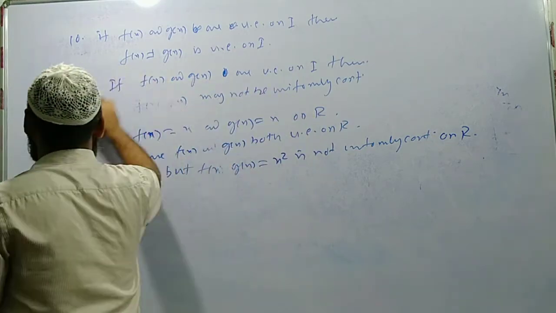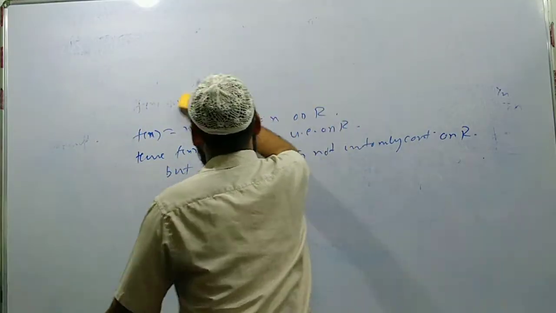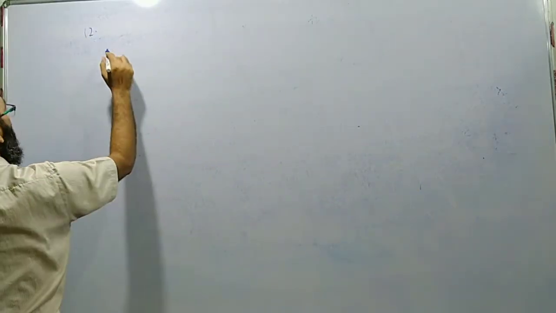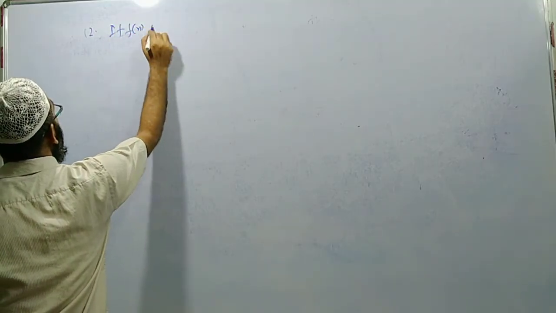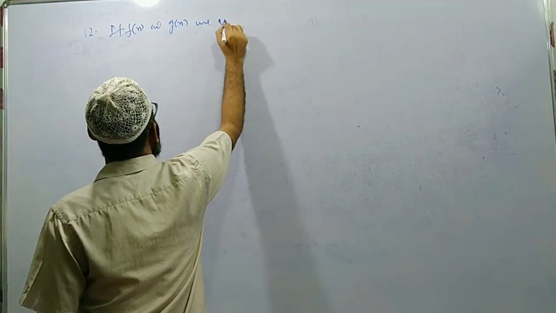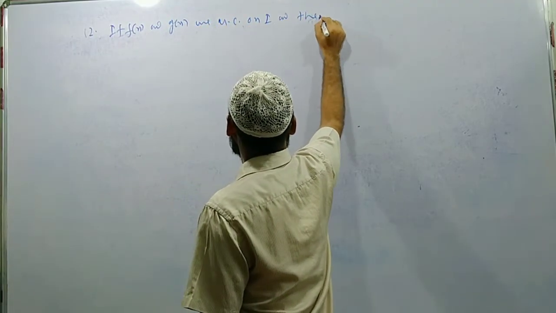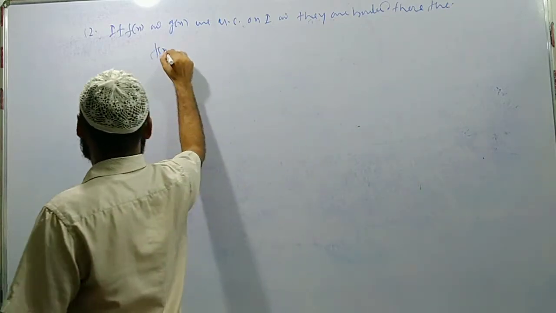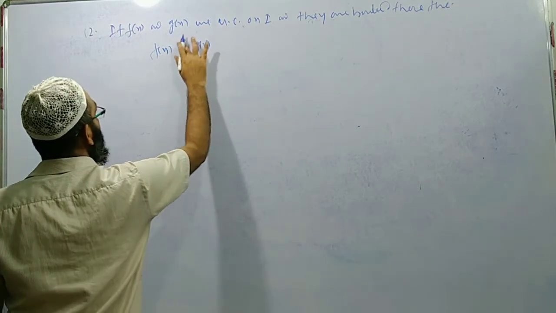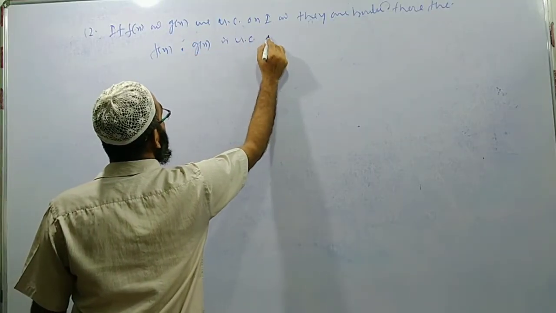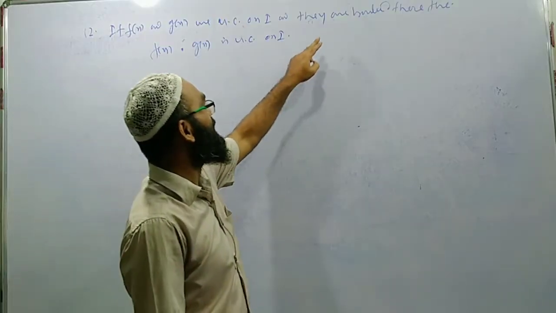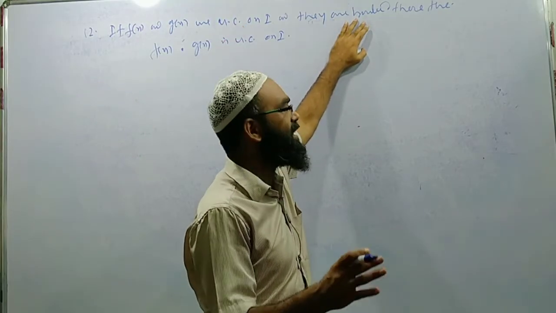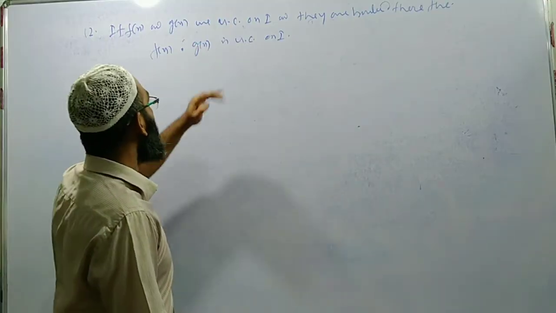Number 12: if f(x) and g(x) are uniformly continuous on I and they are bounded there, then f(x) into g(x) is uniformly continuous on I. So the condition that f(x) and g(x) are bounded must be imposed so that f(x) into g(x) becomes uniformly continuous.